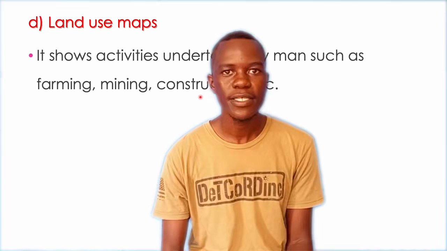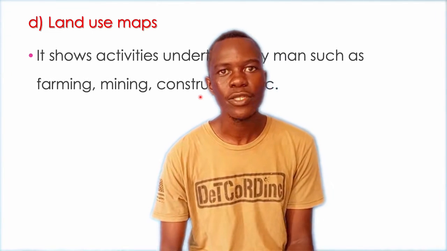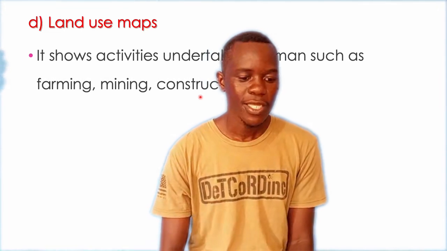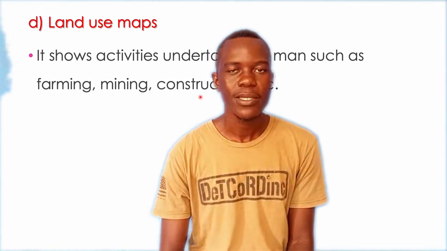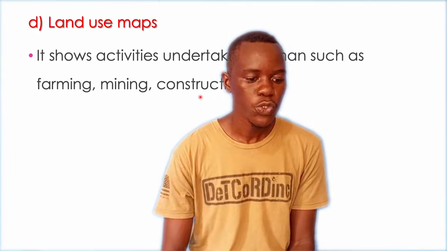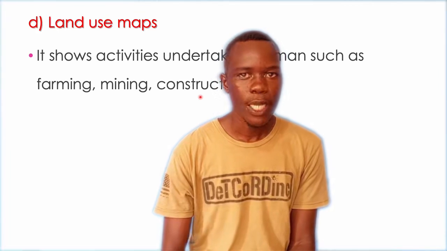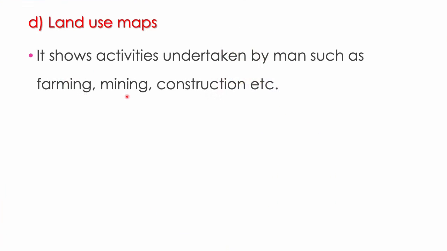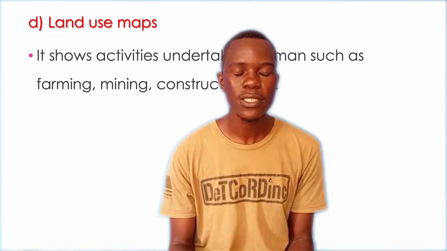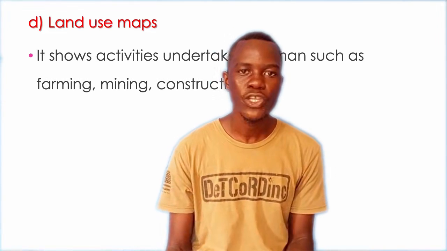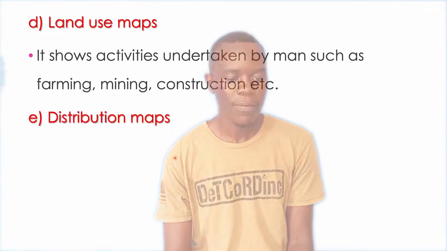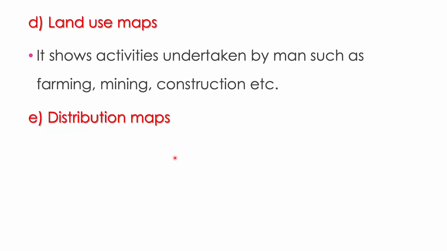You know that land is used by man for different activities, and those activities are shown on the map, for example farming, mining, and construction. So a land use map always shows the activities that are being carried out in a particular area by man.